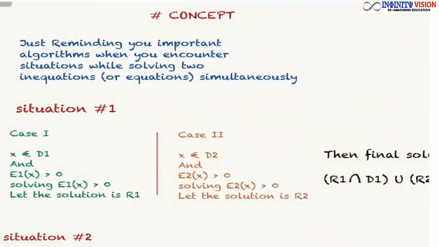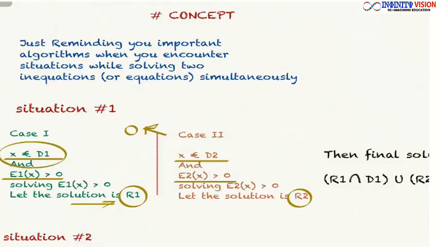Just a reminder of one important concept: when you are solving two equations or inequations simultaneously, you get two types of situations. In the first, you solve one equation for x belongs to D1 with E1(x) greater than 0, and at the same time x belongs to D2 with E2(x) greater than 0, and both are in case form, meaning both solutions are accepted. We solve case 1 with solution R1 and case 2 with solution R2.